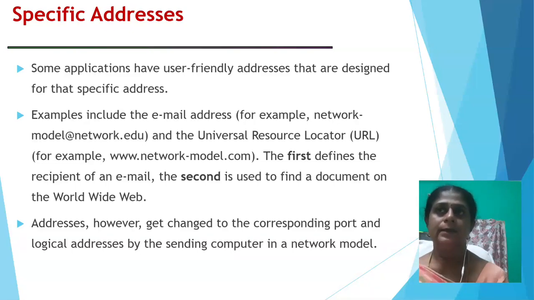And in the transport layer, the segments of data are transferred from one process to another process, and port addresses are used to address the process. So port addresses are employed here in the transport layer. And above that, in the application layer, to make it user friendly, we make use of specific addresses.